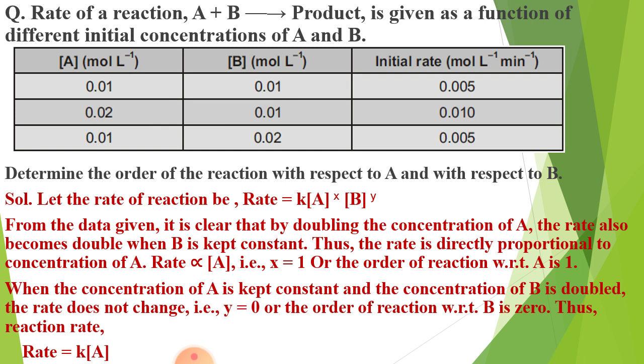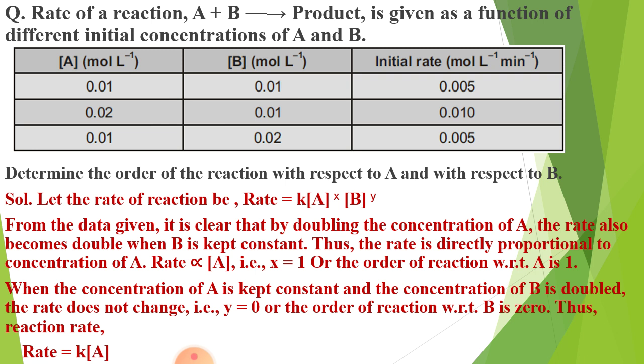So when the concentration of A is doubled, the initial rate is also doubled. Thus, this indicates that the rate is directly proportional to the concentration of A. That means X should be 1, or the order of reaction with respect to A is 1.